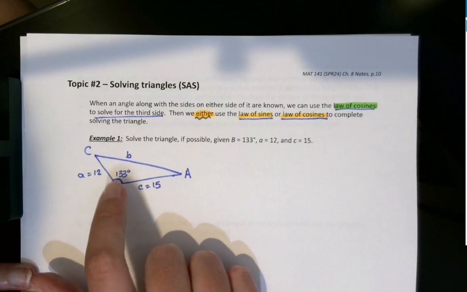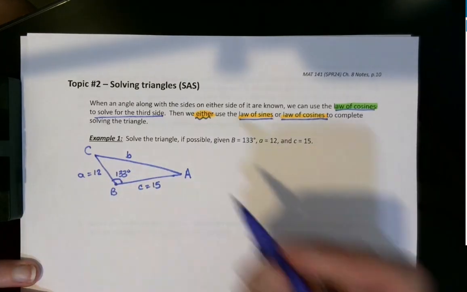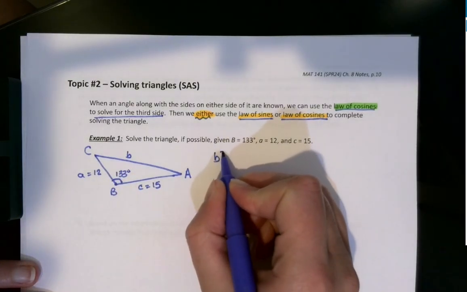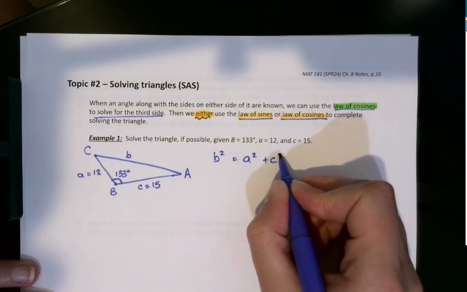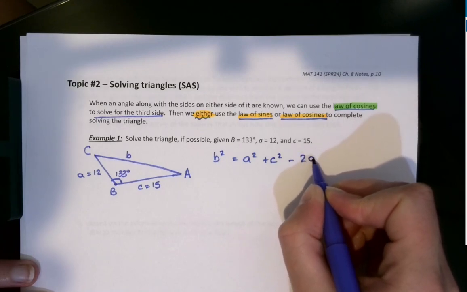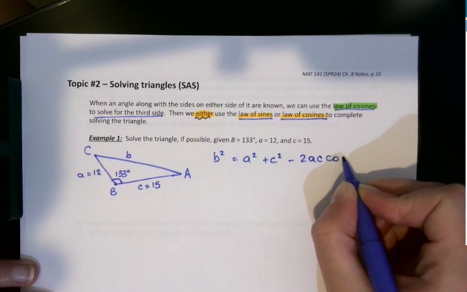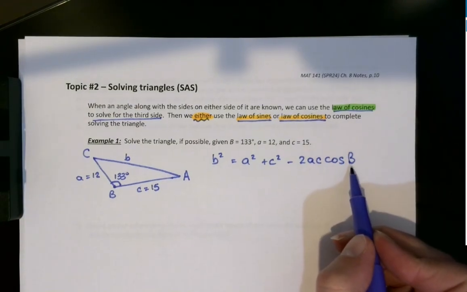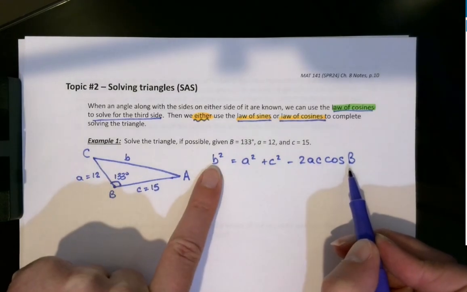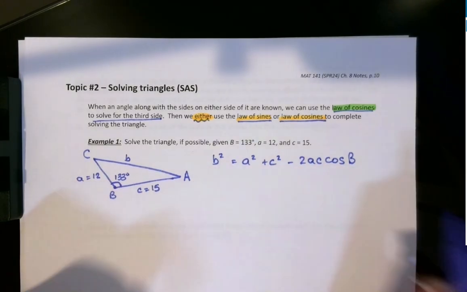The angle that I have is B, so I'm going to have to find side B using B squared equals A squared plus C squared minus 2AC cosine angle B. That's one of the versions of law of cosines. We have angle B. We're going to find side B using the law of cosines.